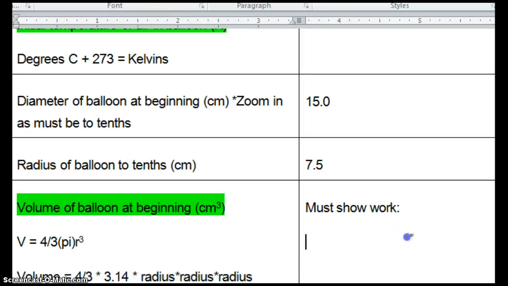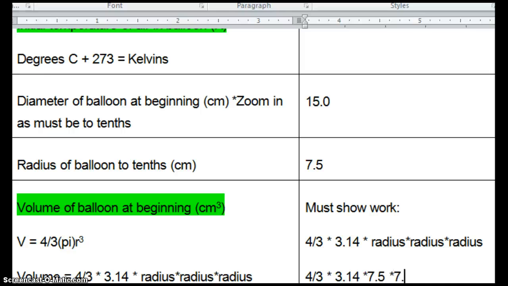So let's go over here, and we're finding how big the balloon is. That's the volume. So in your calculator, you're putting 4 divided by 3 times 3.14 times, how much is the radius of the balloon? 7.5. We've got to do that 3 times because it's cubed. And put that in your calculator, and what do you get for an answer?